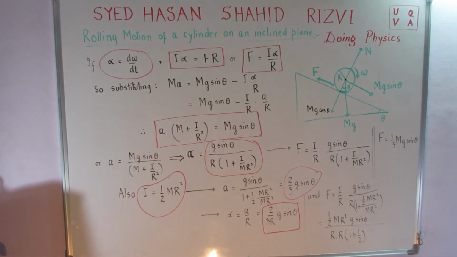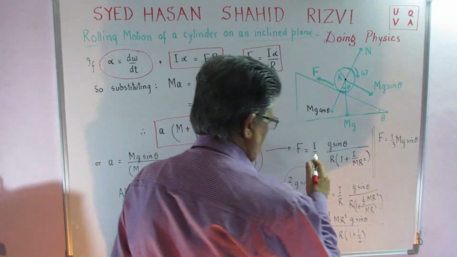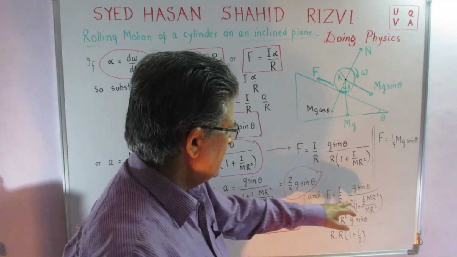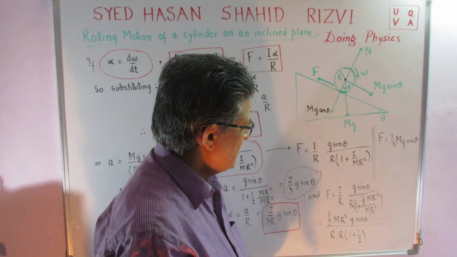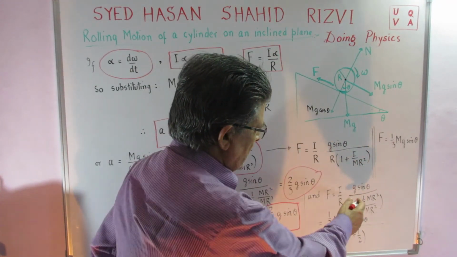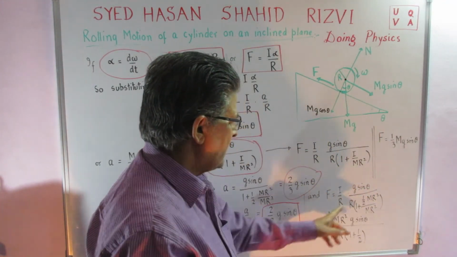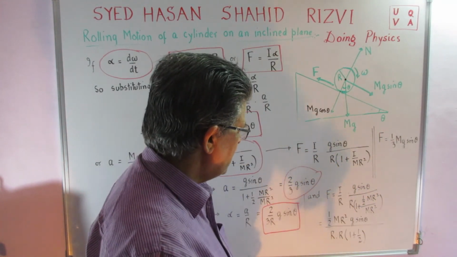So naturally, the value of f I write from here, and I get f is equal to I divided by R, the same thing, g sine of theta, and R times 1 plus, for I write now again half mr square, so I get here mr square and mr square, they cancel, and I get 1 plus half here.